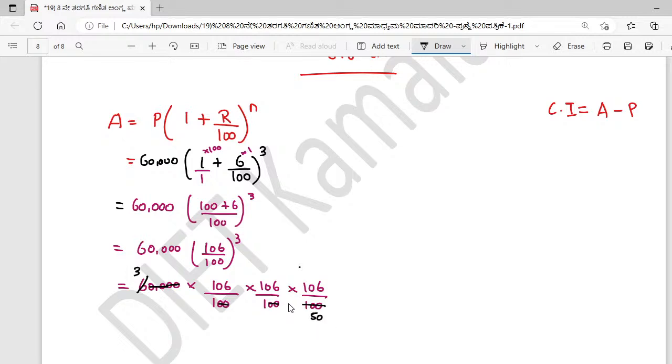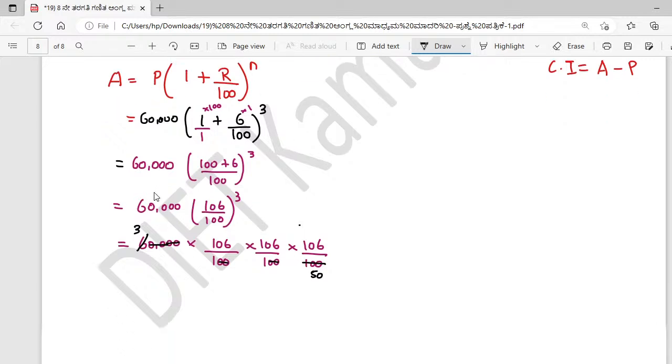Hopefully there are no further possibilities of cancellation. Many of you have given the right answer, very well. So just write it down as it is: 3 into 106 into 106 into 106 divided by 50. We multiply first and then divide.